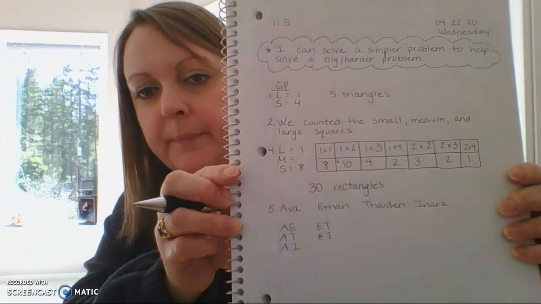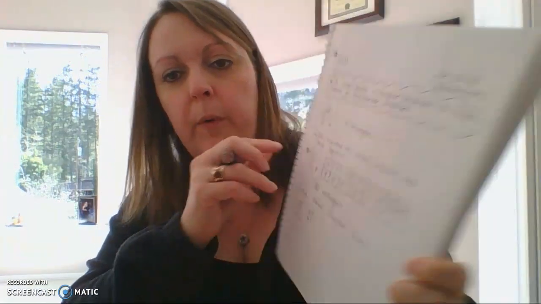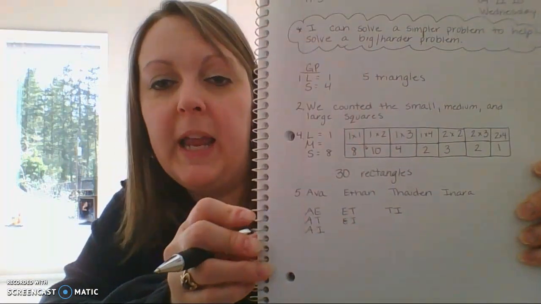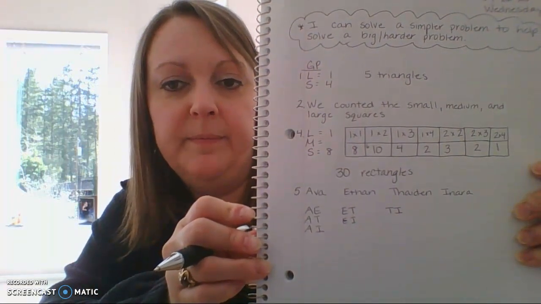So now Ethan shakes Thaden. Ethan shakes Inara's. Okay? Oh, my goodness, my handwriting. So sorry. Now we're going to do the next one. Thaden has already shook hands with Ava and Ethan. So Thaden and Inara. And Inara's already shook hands with everybody. So how many handshakes do we have? 6 handshakes.